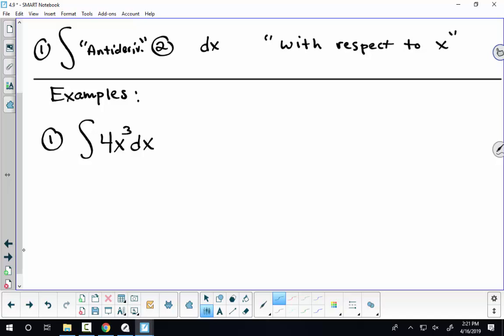X to the fourth. Do y'all agree? Plus our constant. So the derivative of x to the fourth is 4x cubed, so the antiderivative of 4x cubed is x to the fourth. Make sense? Okay.